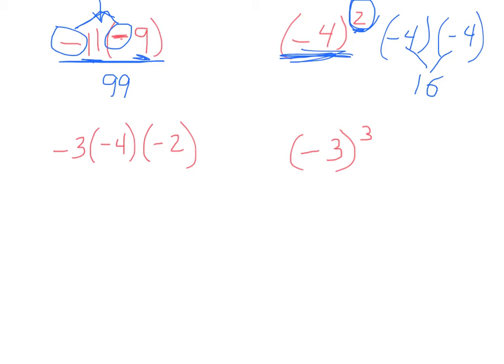On this one, I have three things that I'm multiplying. Keep in mind when I'm multiplying, I can multiply in whatever order I want. I'm just going to multiply the negative 4 and the negative 2 first. A negative times a negative means my answer is going to be positive. 4 times 2 is 8, and I know it's positive.